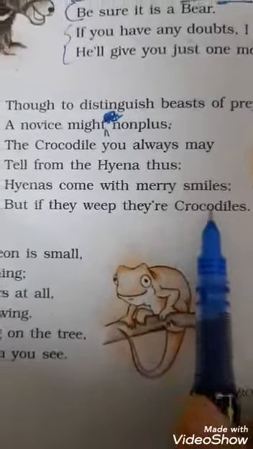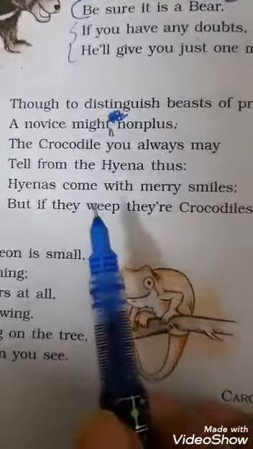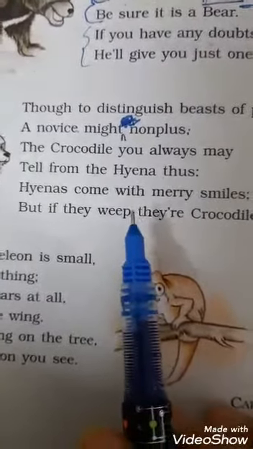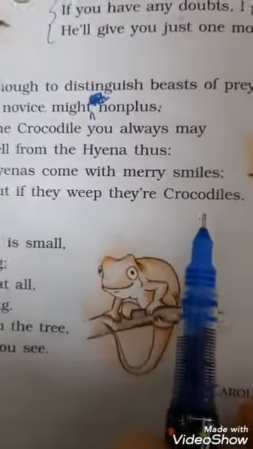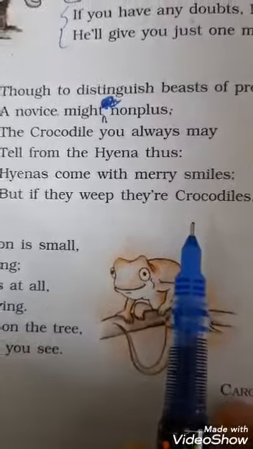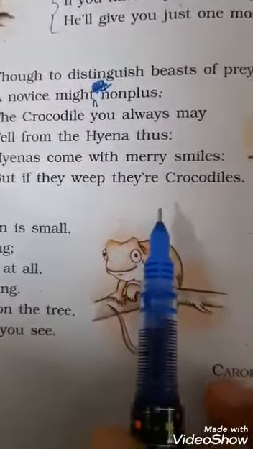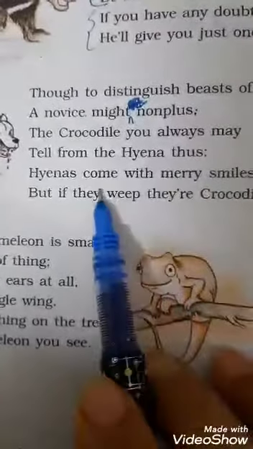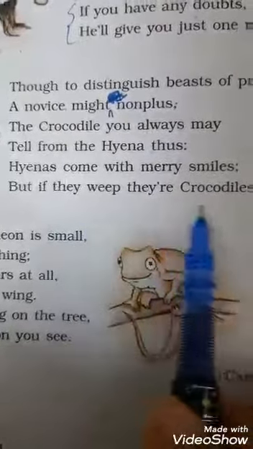There are idioms also for both hyenas as well as crocodiles. For hyena, there is one idiom, to laugh like a hyena, which means to laugh hysterically or very loudly. And for crocodile, we say, don't shed crocodile tears. That means don't show insincere sorrow. So hyenas come with merry smiles, but if they weep, they are crocodiles.